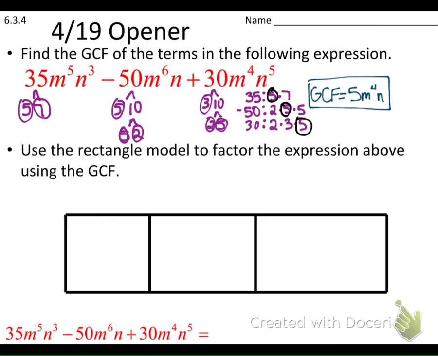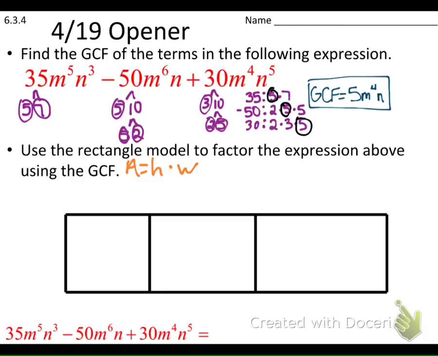Okay, so we're going down here now. Use the rectangle model to factor the expression above using the greatest common factor. So, because these are not in parentheses, what does that mean these three numbers are? Our area, right? If we remember our area formula, it's area equals height times width. So we have our area already for each of the rectangles.